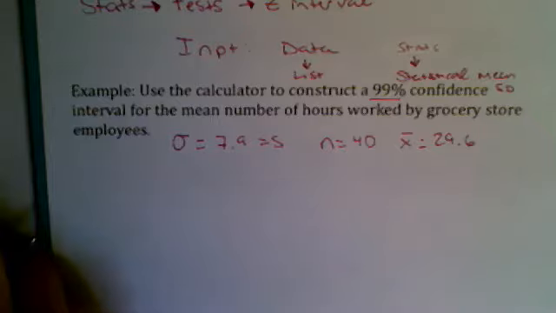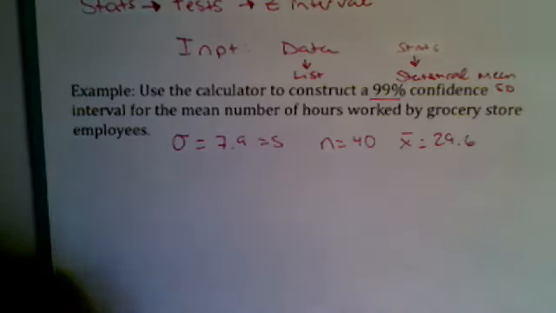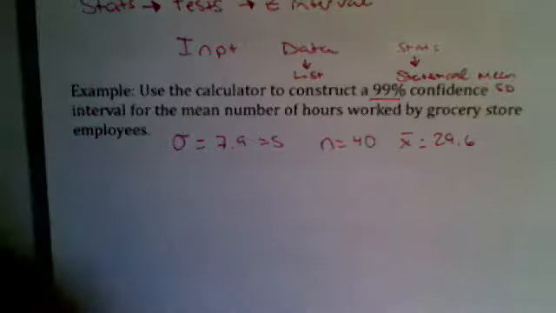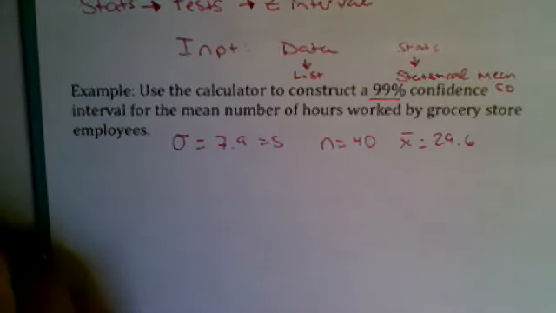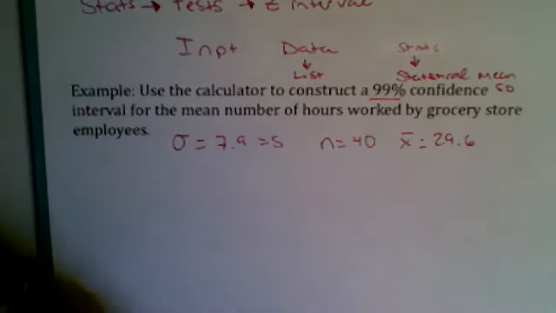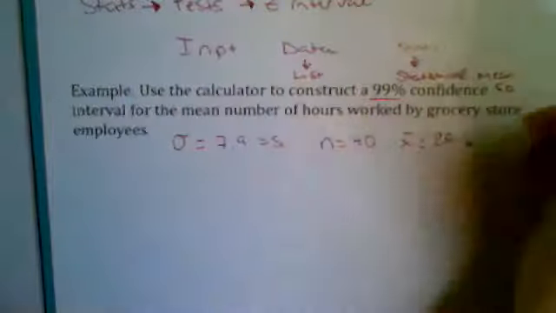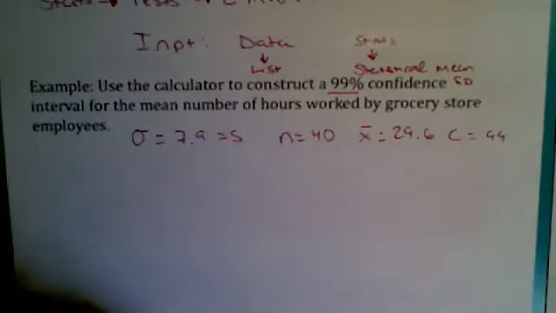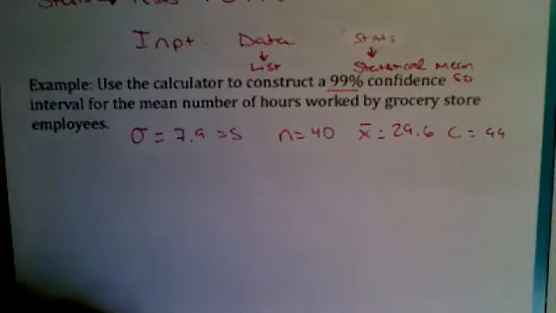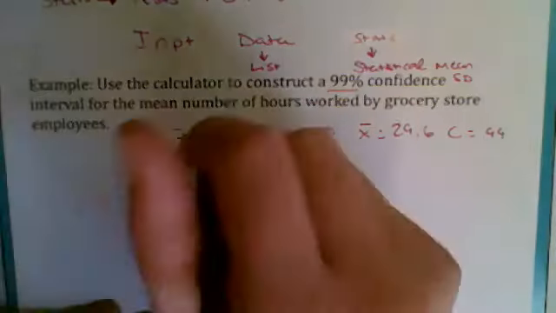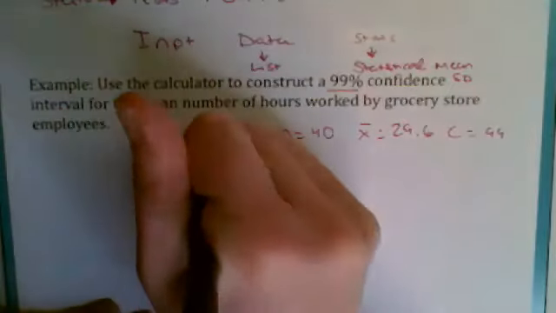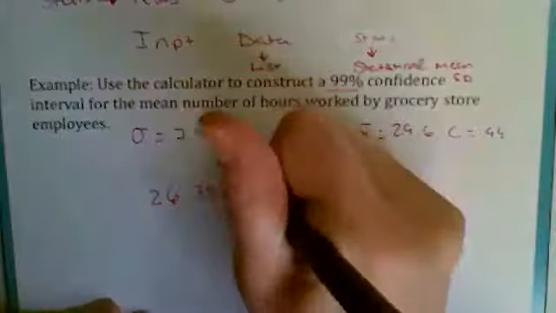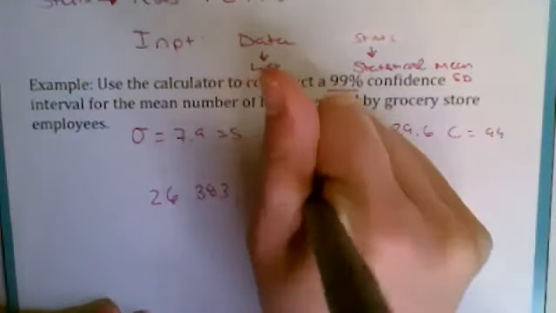So 7.9 was our sigma, our mean was 29.6, n is 40, and our confidence level was 0.99. Once you have all of that typed in, you can hit enter and it'll calculate it for you. And I got 26.383 and 32.817.